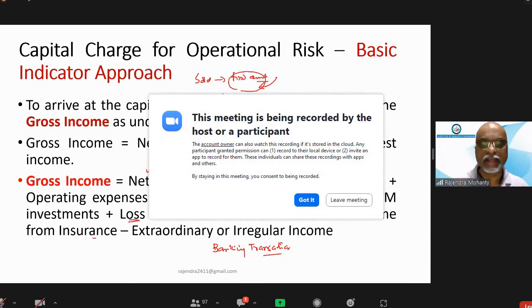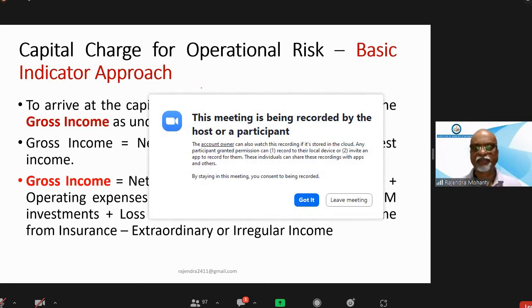Insurance means any insurance claim which the bank has made. These are general insurance claims, not DICGC insurance. DICGC and other types of insurance we claim for loan accounts are credited into the loan account only.